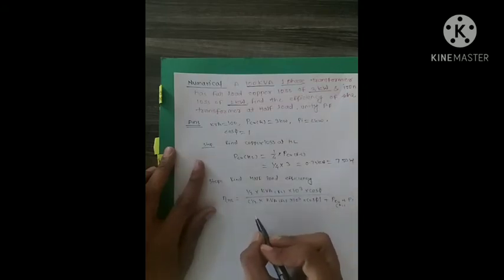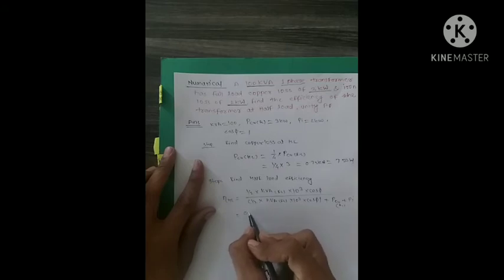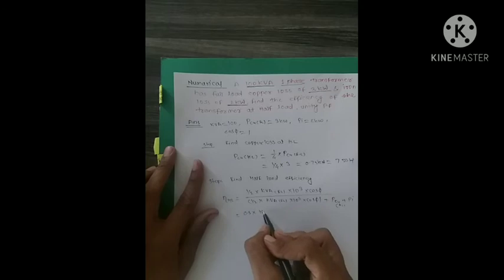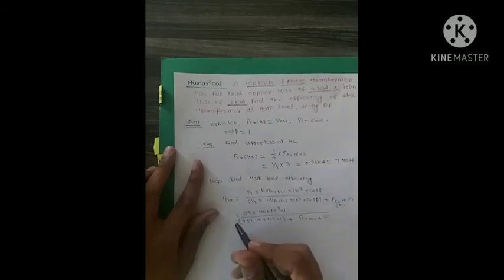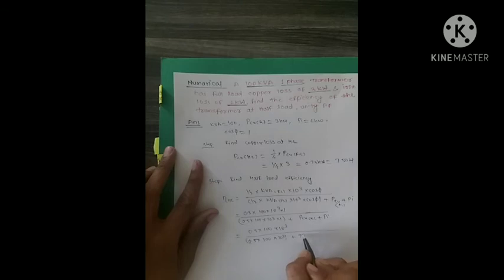By putting the values, we get 0.5 into 100 into 10 raised to 3 into 1, upon 0.5 into 100 into 10 raised to 3 into 1 plus PCU at half load, which is 750, plus PI, which is given as 2000.